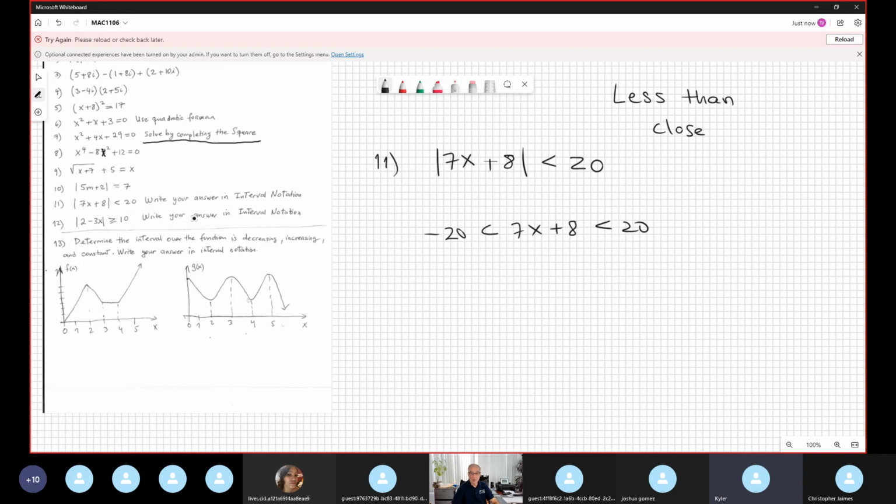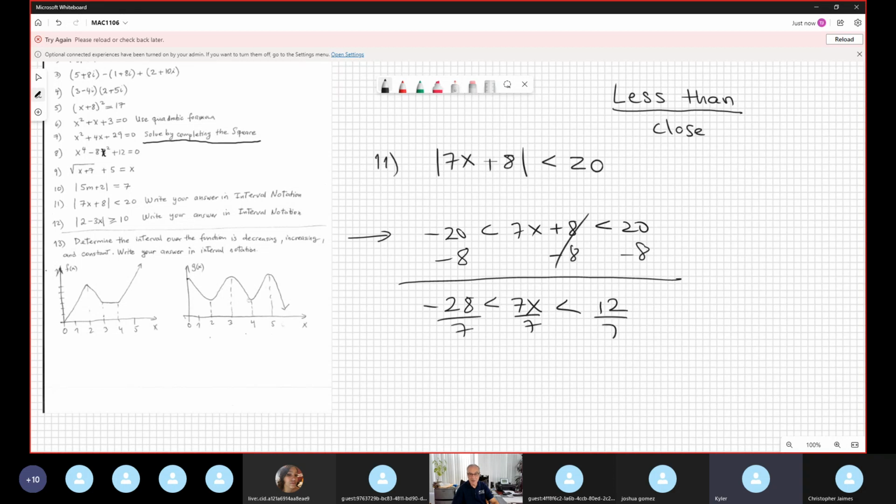Now you convert my inequality using less than into a compound inequality that contains 3 pieces. And you subtract 8. This is minus 28. This is 7x. This cancels out, that was the intention. And this is 12. Finally, divided by 7, divided by 7, divided by 7.